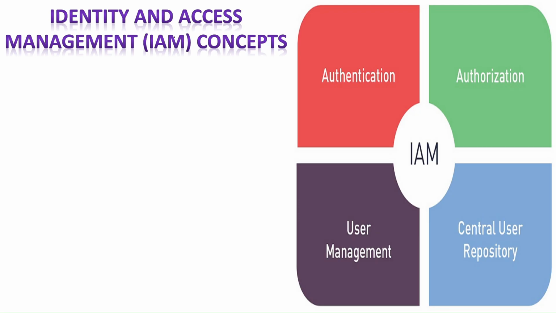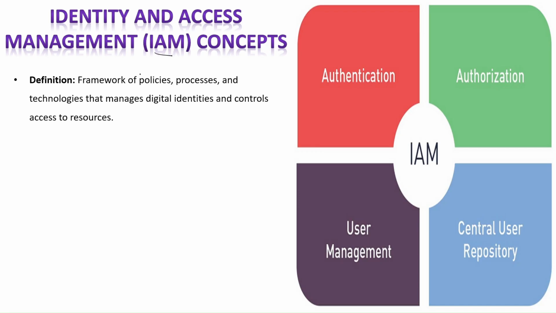Our next topic is identity and access management, that is IAM concepts. So, identity and access management is the framework of policies, processes and technologies that manages digital identities and controls access to resources. So, what are the digital identities?